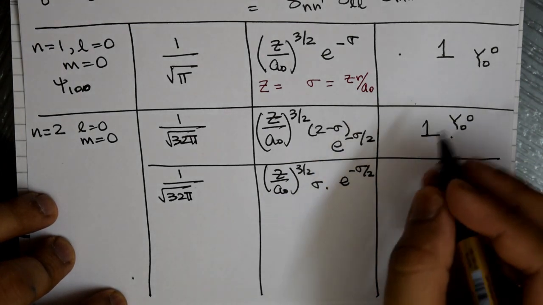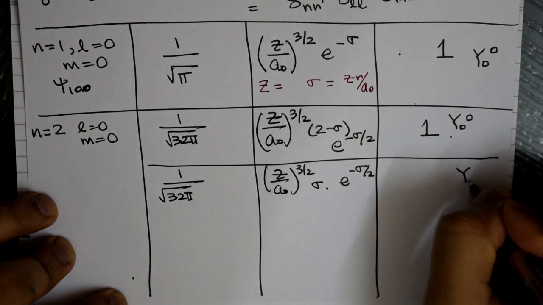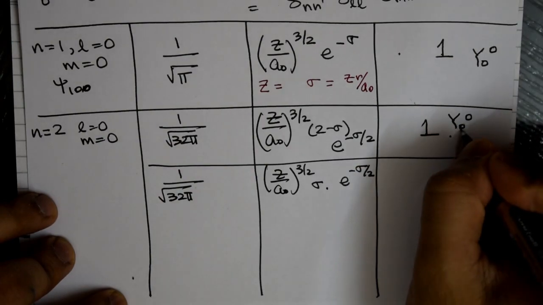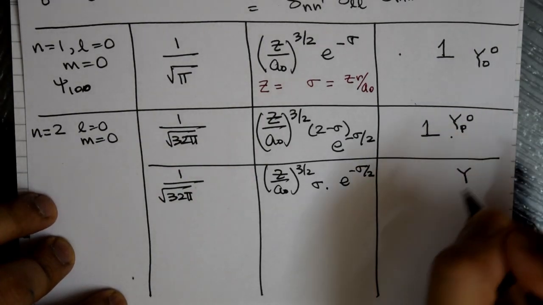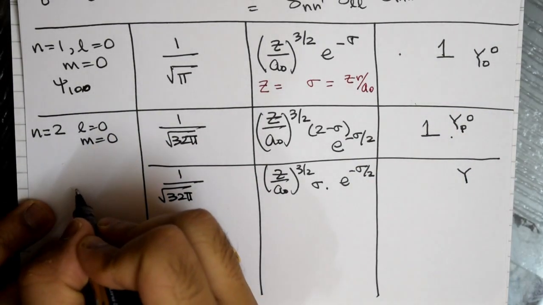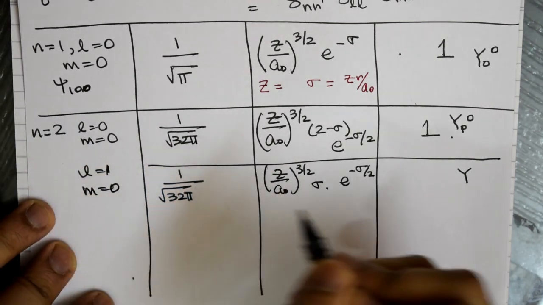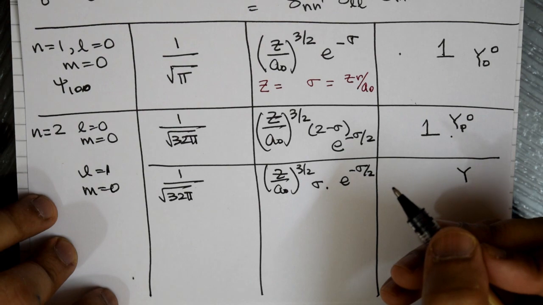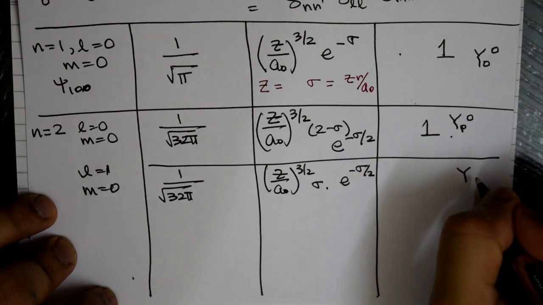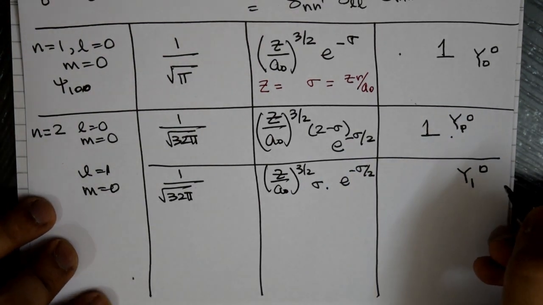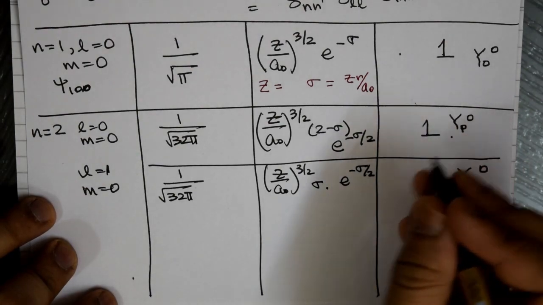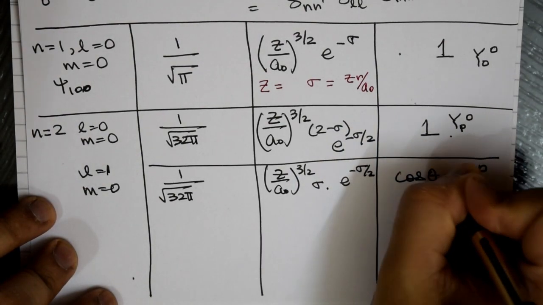Now, sorry, this is Y 0, 0. So now we are looking at L equal to 1, M equal to 0. That's the part that you're trying to look at. So this is going to be Y1, 0, right? So what is this part that contributes to a cos theta, if you might remember.